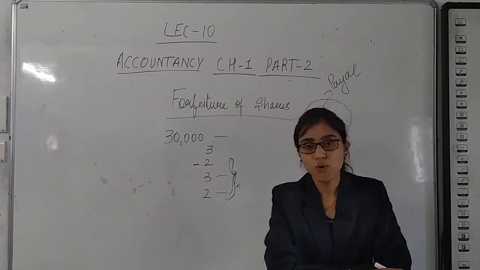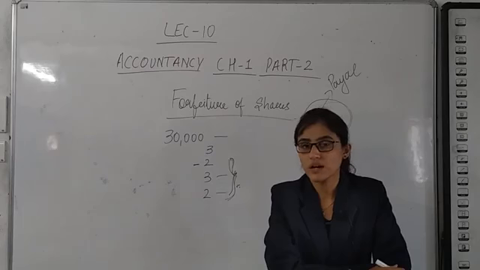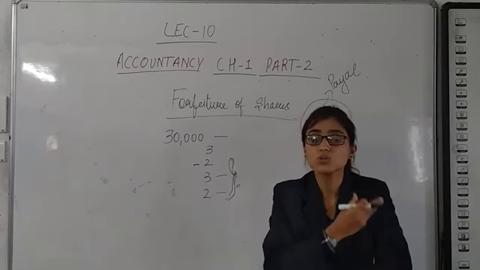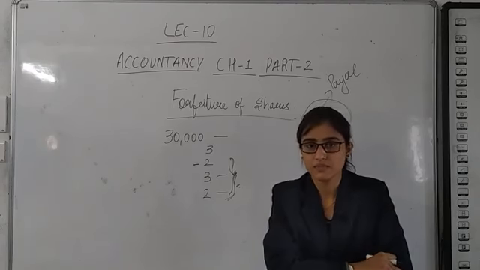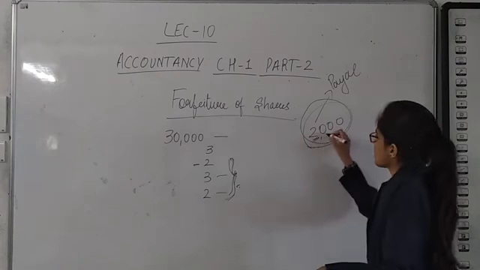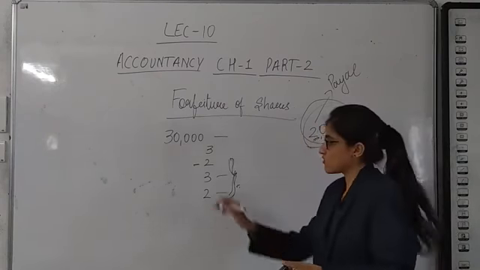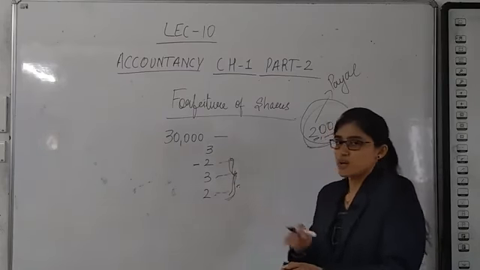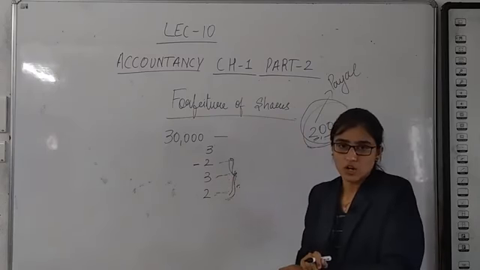Then, to forfeited shares account. Here you are going to write down the amount that has been paid by the shareholder whose shares you are forfeiting. You are forfeiting shares of the buyer. How many shares? 2000. For non-payment of allotment, first call and final call.